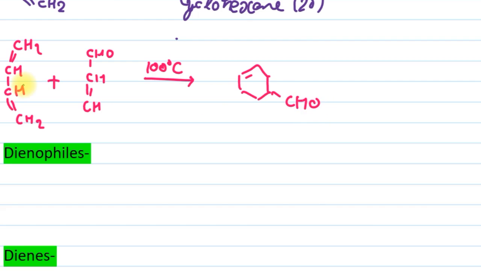This is the product of the Diels-Alder reaction when butadiene is treated with propenal at 100 degrees Celsius, giving the cyclohexenal compound.